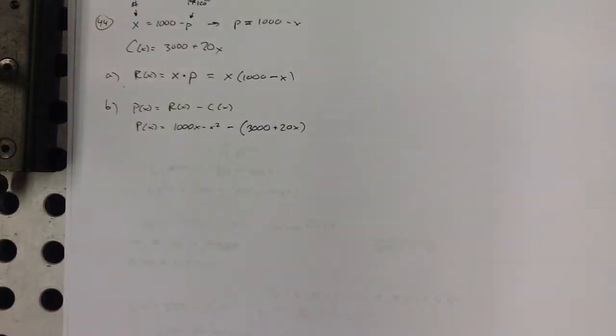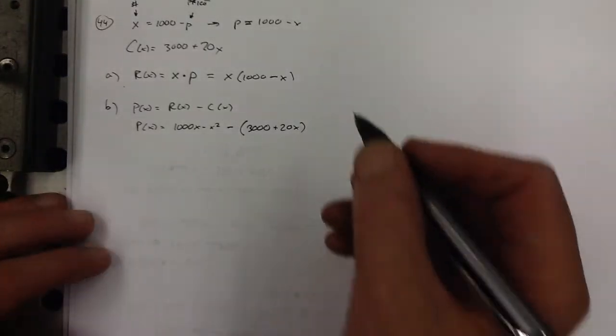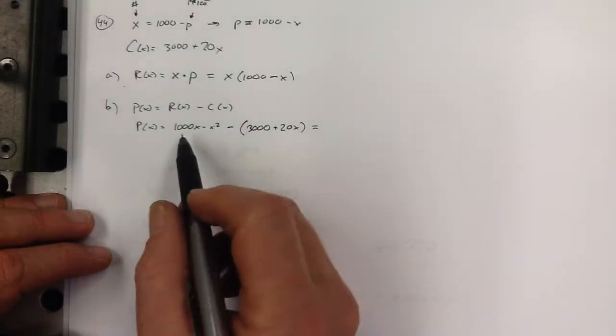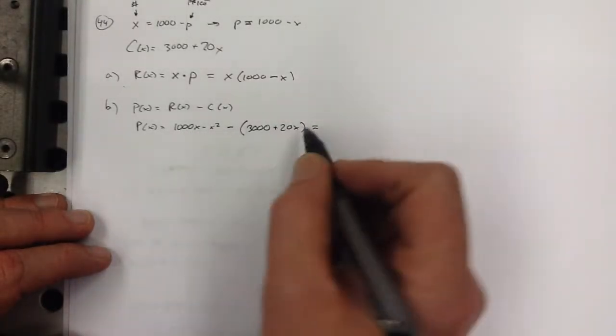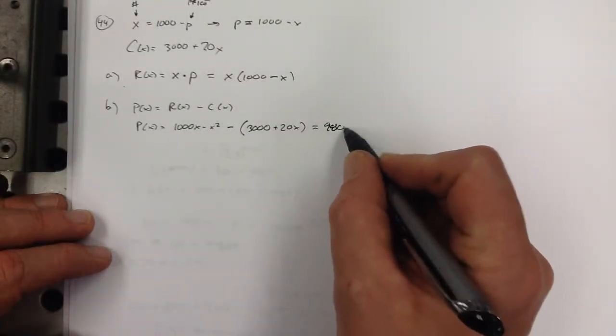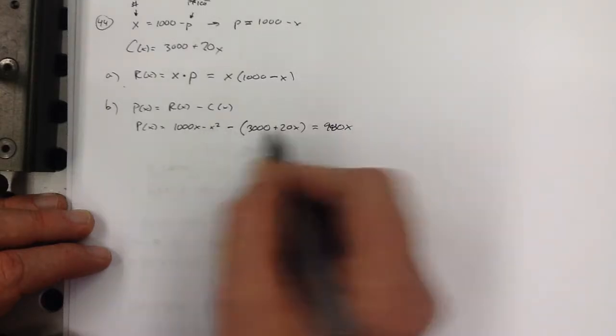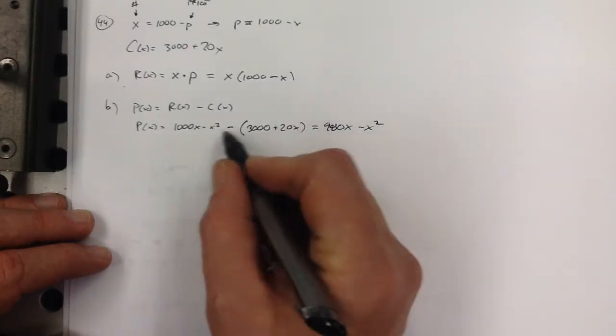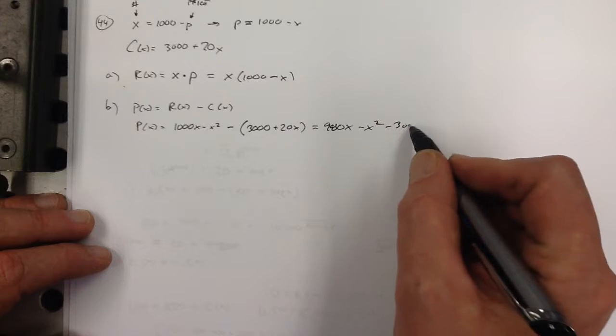And you can simplify that a wee bit if you want to, but it doesn't really matter too much. So that'd be 980x minus x squared minus 3,000.